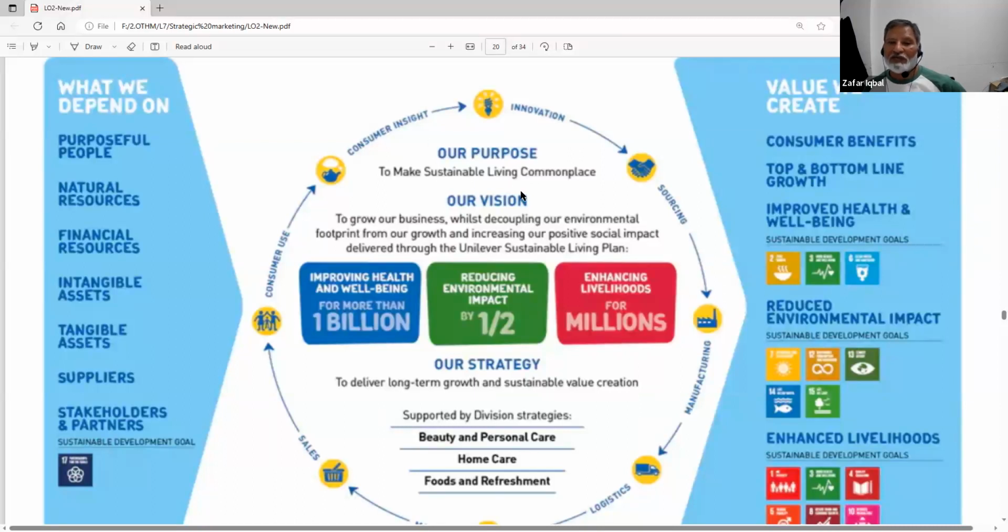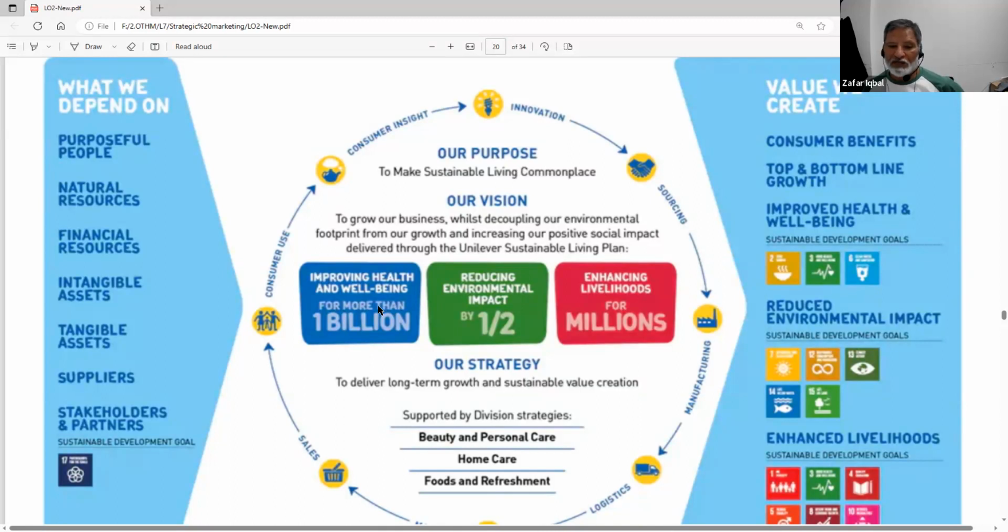How they are going to get there is to grow the business while decoupling environmental footprint from growth and increasing positive social impact, delivered through the Unilever Sustainable Living Plan. They are using this as a vision, making sustainable living commonplace.